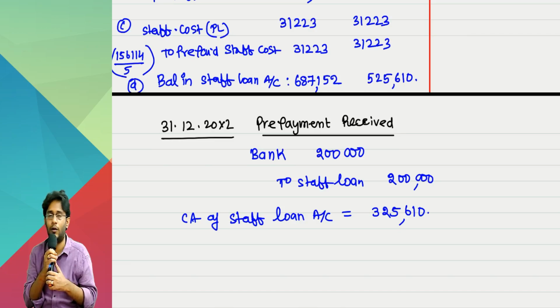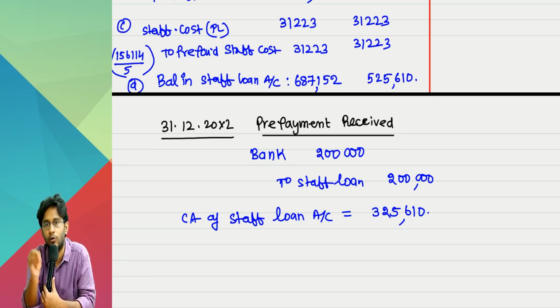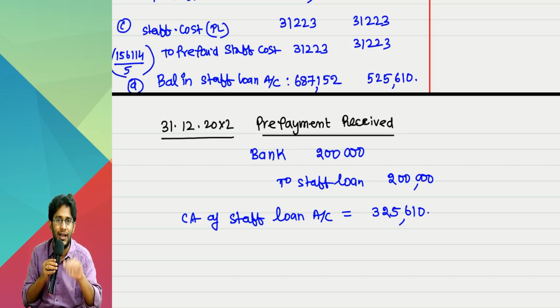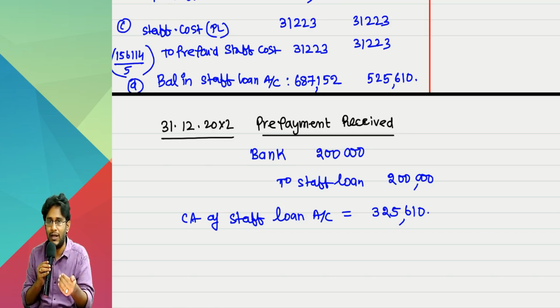Why ACM will not work is, ACM closing balance should always represent the present value of future cash flows. The moment you delay any payment or you pay anything early or you don't pay at all, then cash flow schedule got disturbed. When cash flow schedule gets disturbed, ACM will fail.